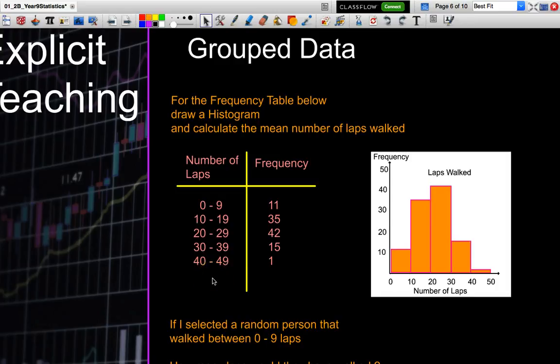I don't know exactly how many laps they would have walked. Some may have been 40, or they may have been 49. So I have to provide an estimate. And what I do in this circumstance is pick the number that's in the middle, either the mean or the median.